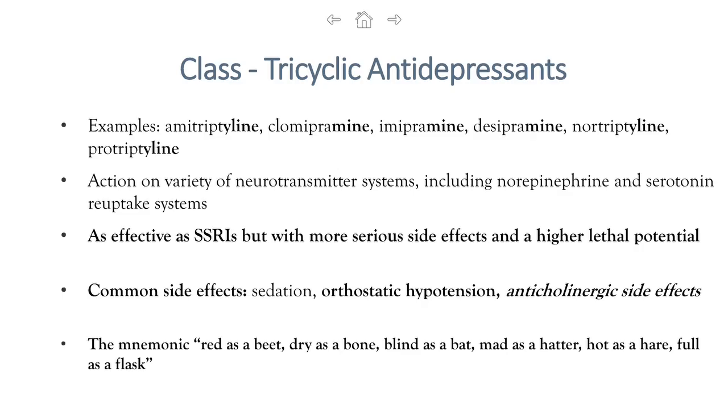These have anticholinergic side effects, and these are the most common side effects: sedation, orthostatic hypotension. And then a mnemonic you can use to remember the anticholinergic side effects are red as a beet, dry as a bone, blind as a bat, mad as a hatter, hot as a hare, full as a flask. And what does that mean?